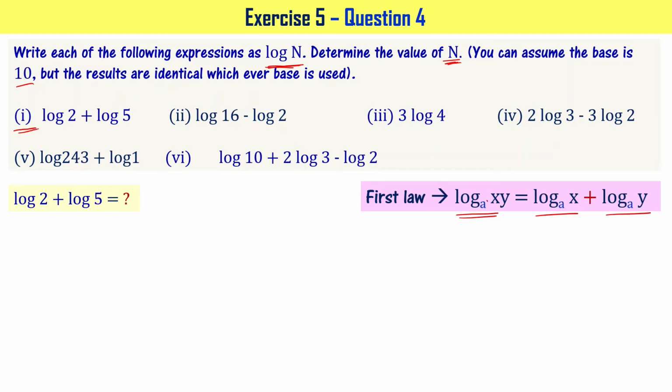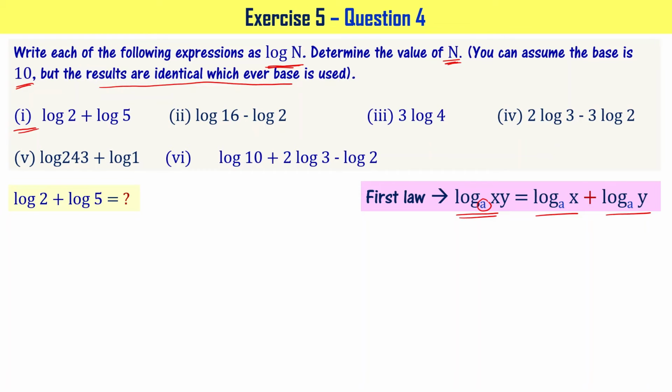Here base is a. A can be any number. It can be 2, it can be 3, it can be 10, it can be 20, it can be 1 by 2. Doesn't matter. That's what this particular statement says. The results are identical. That's why I'm not going to write what is the base. They said that you can assume it to be 10, but I'm not writing it. But you can simply write the base as 10.